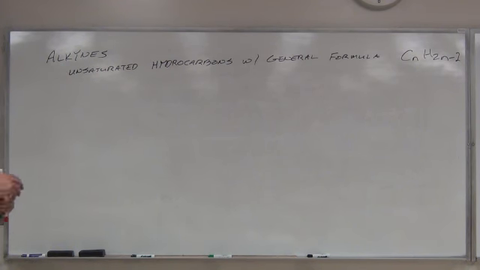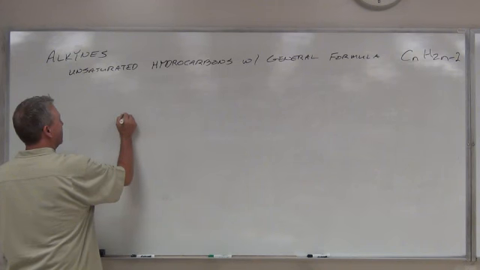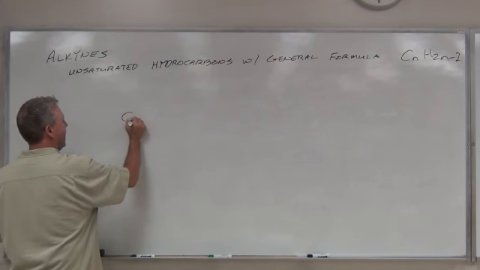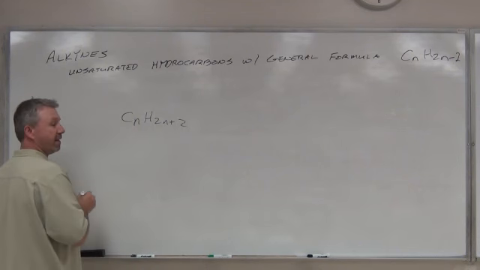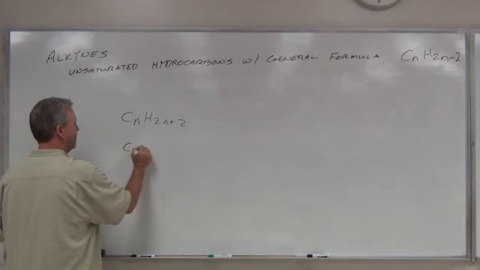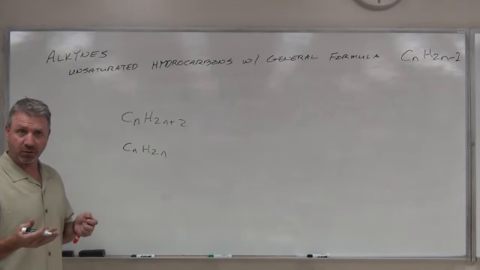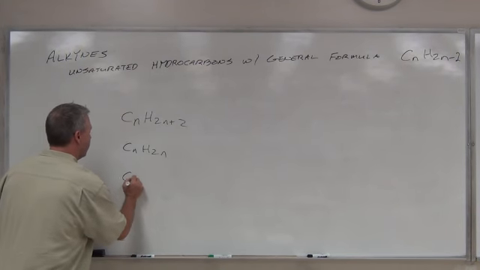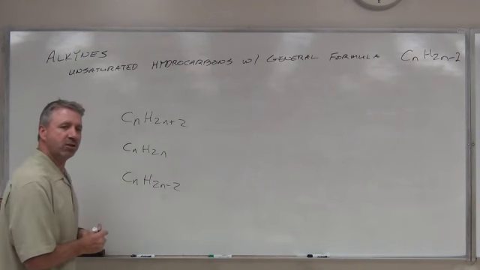Notice for the alkanes, we had CnH2n+2. Then the alkenes, we went CnH2n, and the alkenes had at least one double bond. And then for the alkynes, we had 2n minus 2.